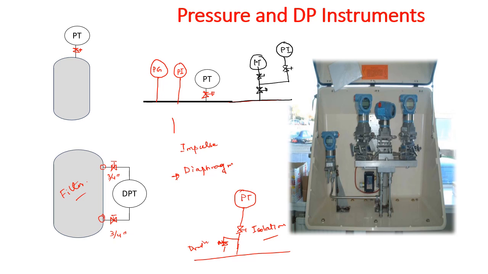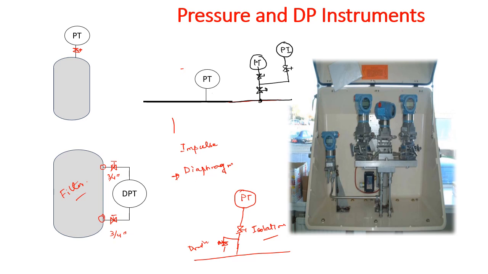So this is not a very good configuration because a problem with this particular tapping will cause both the PT and PI to malfunction. But in some cases, due to process restriction or the unavailability of an additional tapping, this kind of configuration is also seen.